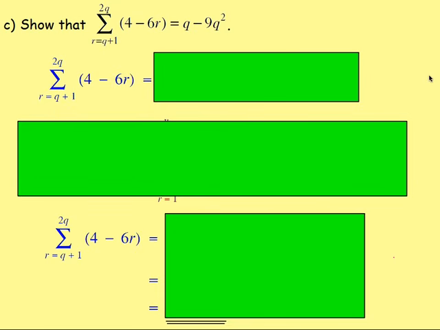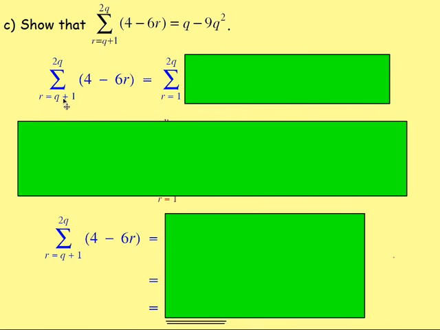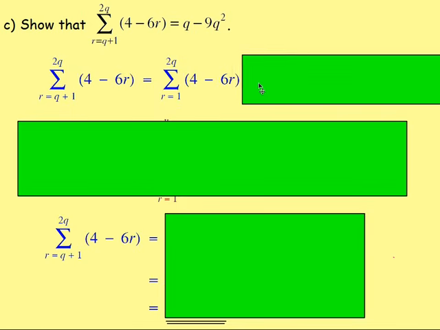Part C. Show that the sum of 4 take away 6r going from r equals q plus 1 all the way up to 2q is equal to 2 take away 9q squared. Again, we know how to work out the sum going from 1 all the way up to something. If we had the sum going from r equals 1 all the way up to 2q, we could easily do that, but we'd be missing the terms going from 1, 2, 3 all the way up to q.